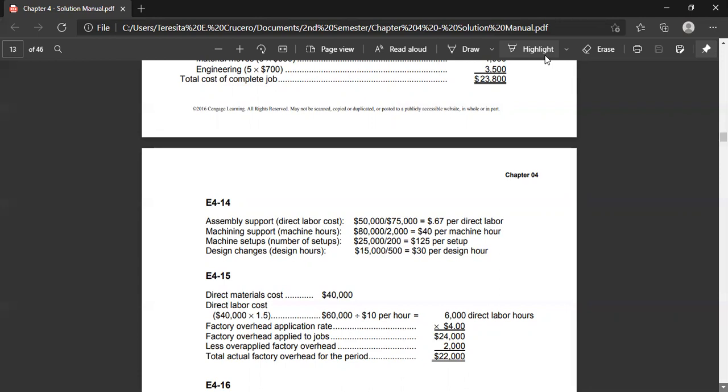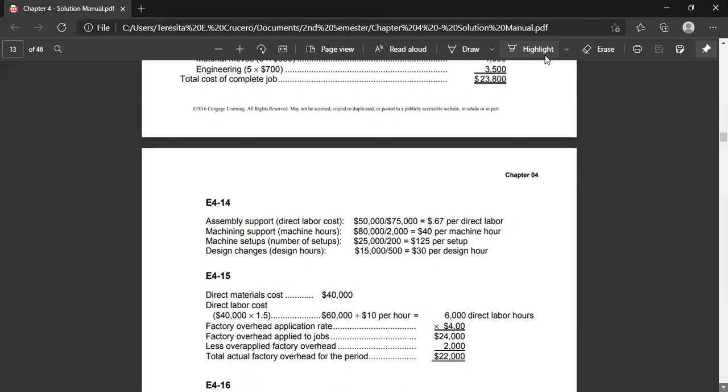Then we have the machine setups, with a cost of $25,000, and we have 200 setups. So your machine setup cost is $125 per setup.